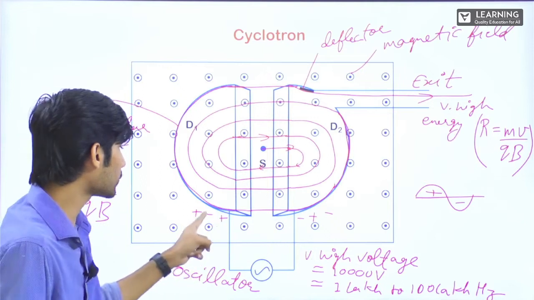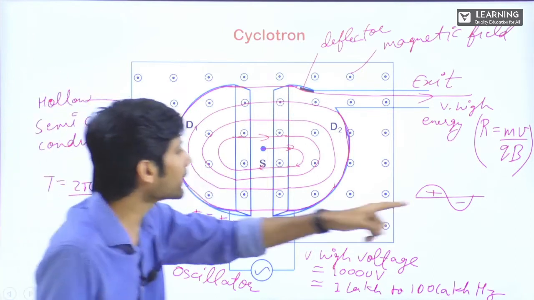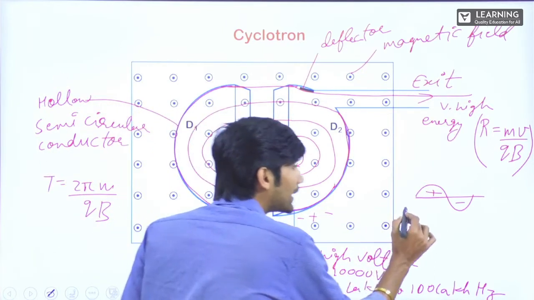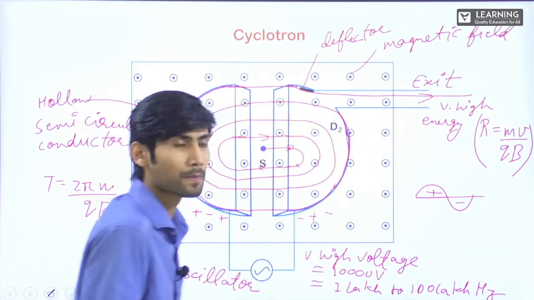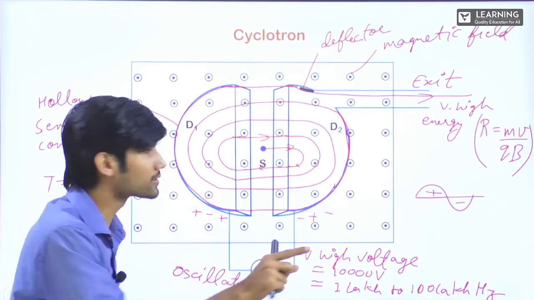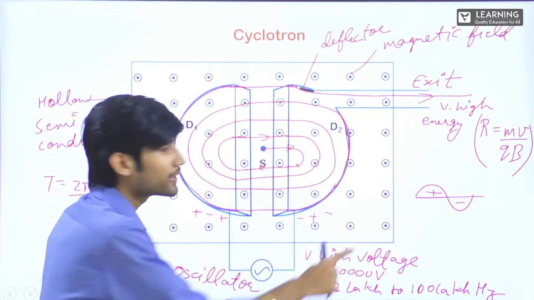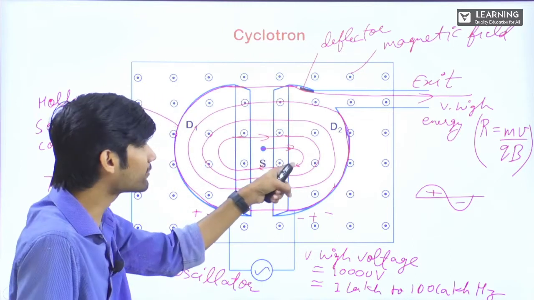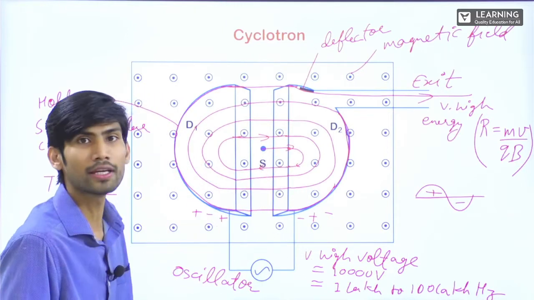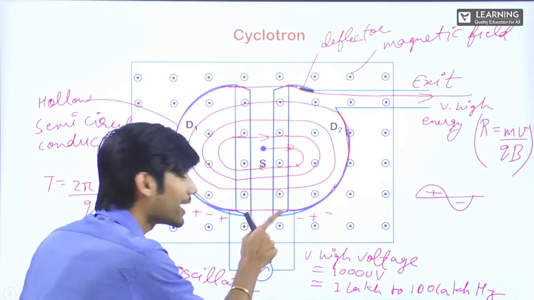Earlier this was negative, now this has to be negative. So in AC also we know that in one cycle, this changes polarity 2 times. I want it to change polarity once the moment this charge comes out, and it will change polarity once after half cycle only. That means in half time period this is coming out of D, and in the half time period the polarity should also change.